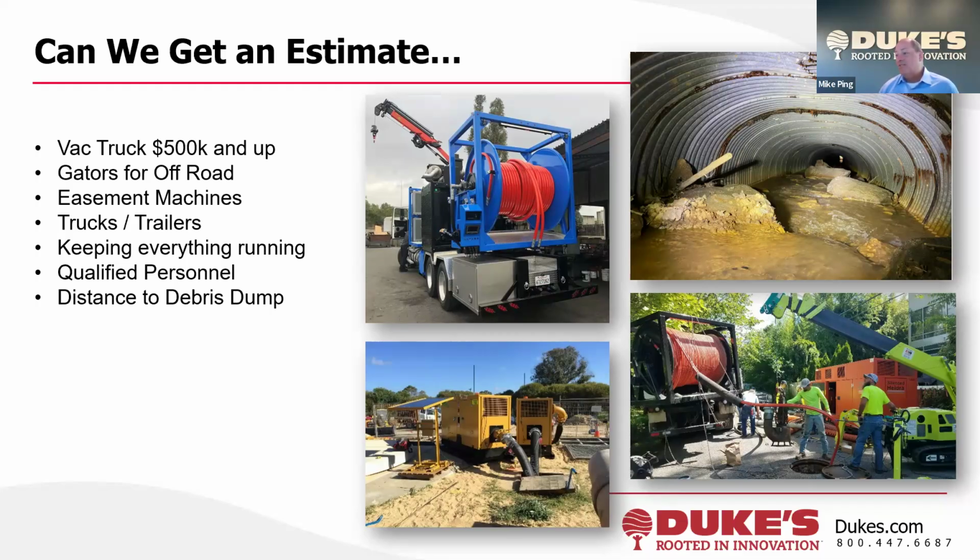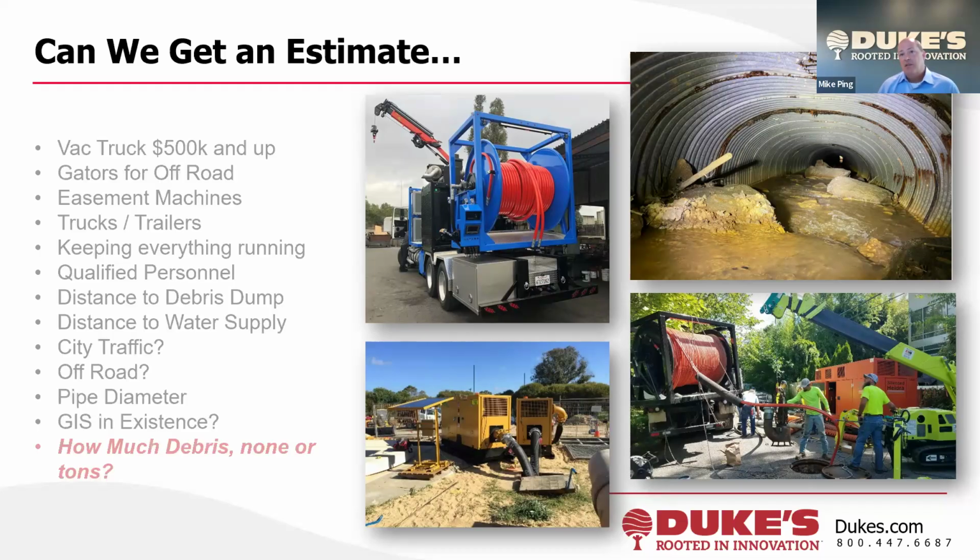Bottom right picture, you can see there's a jetter truck with an extra large jetter reel with twin nozzles for high capacity jetting. This blue truck is an in-house developed specialty cleaning truck that can jet at 500 gallons per minute for big pipe, big debris. And bottom left, sometimes you need to take the sewer offline and bypass pump so there's no water, so you can get the debris out.